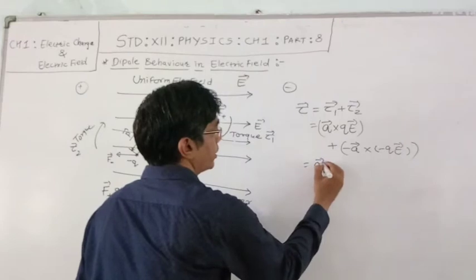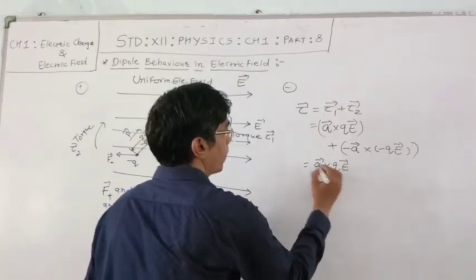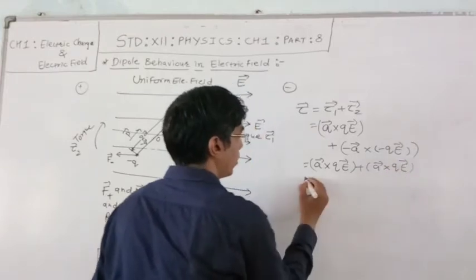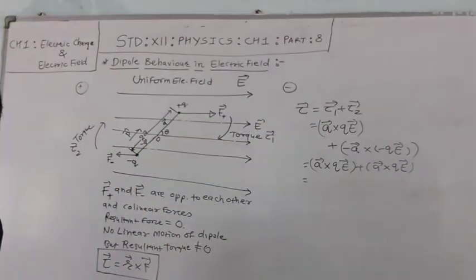In this way it is a cross qE plus a cross qE. Hence it is 2 times a cross qE.